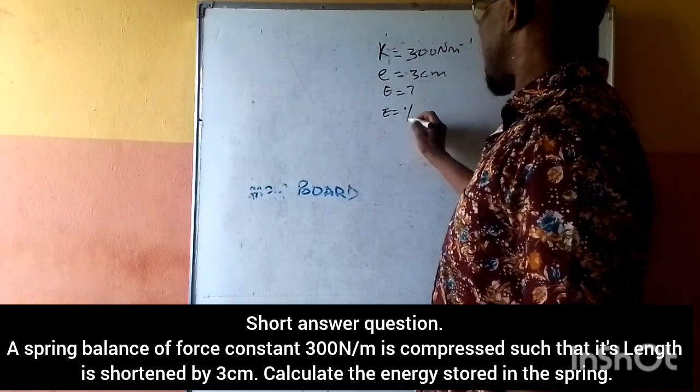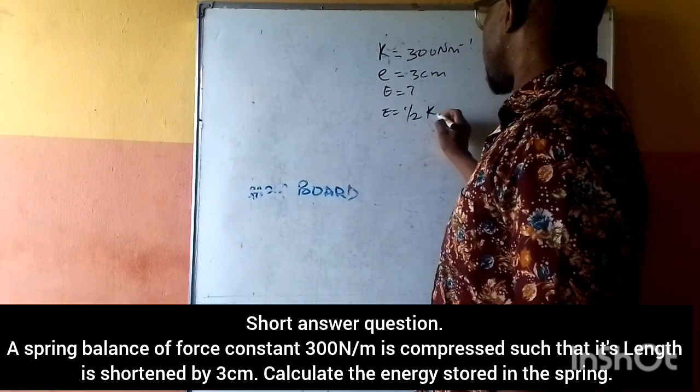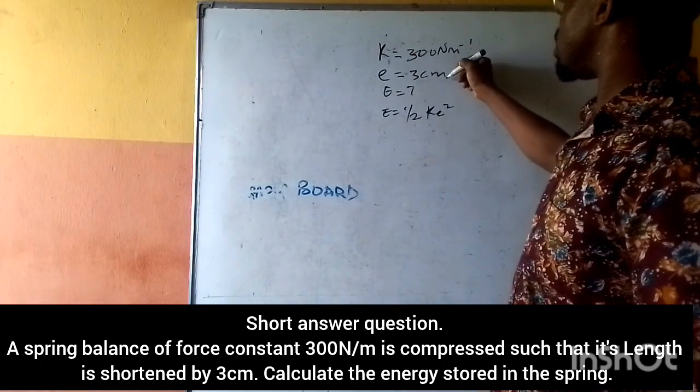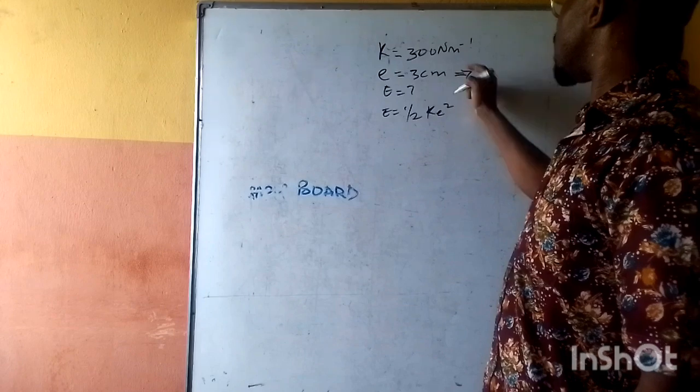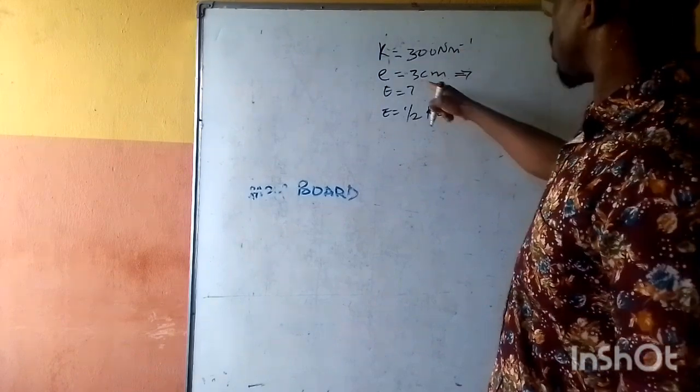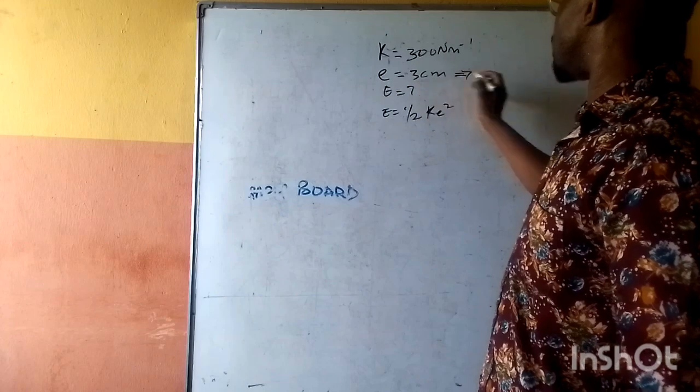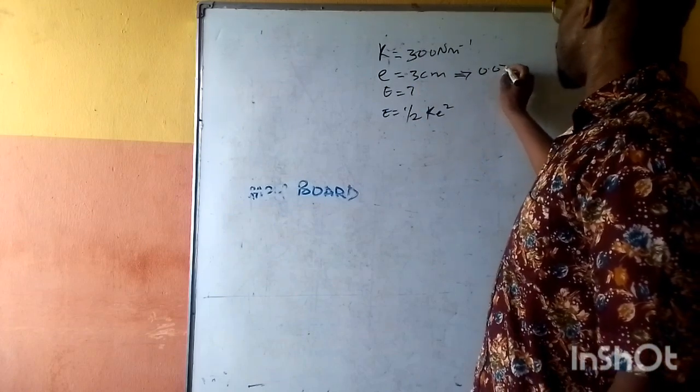and of course, energy stored is half Ke squared. Now, since this one is in meter, this one is in cm, all we need to do is get the two of them to be the same. If we convert 3 cm to meter, it will give us 0.03 meters.